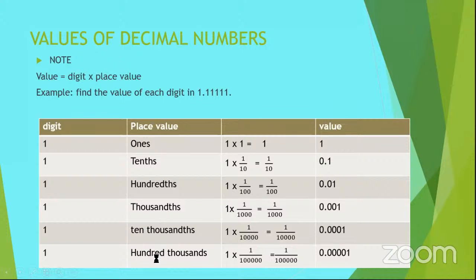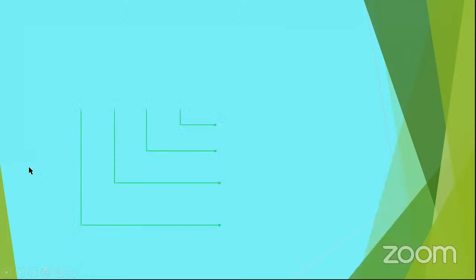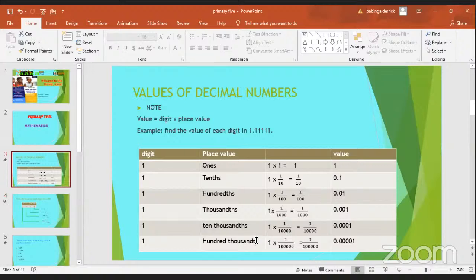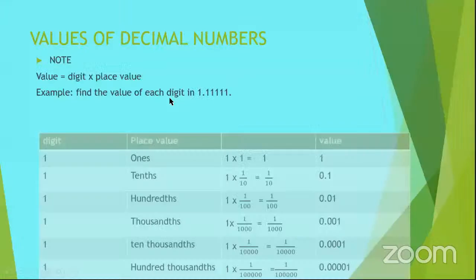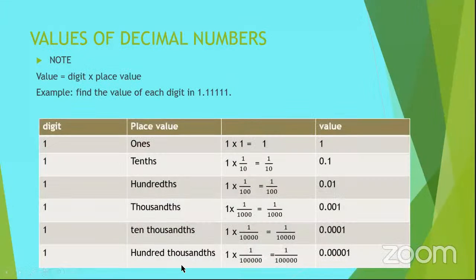So when you move here, we have the next digit, that is the 5th digit here. Its place value is 100,000ths. Sorry, there is something I missed here. It is 100,000ths. So when you look at 100,000, you ask yourself, how many zeros does 100 have? 100 has 2 zeros.